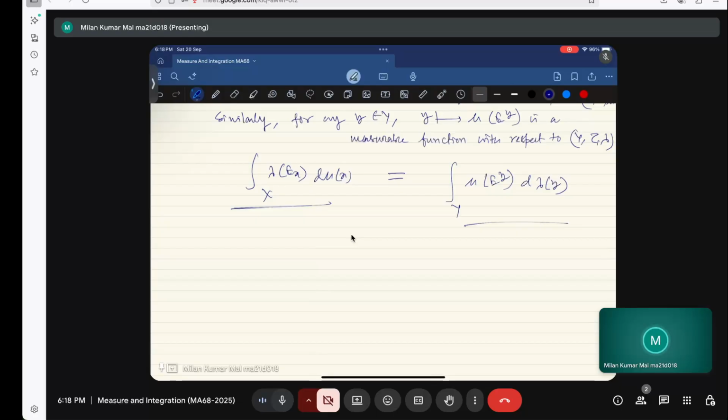Okay, if you start with both of them being sigma finite measure spaces, and you define the sigma algebra that way, then for every set E, an element in S, this product which we have defined, I'll write it down a little.